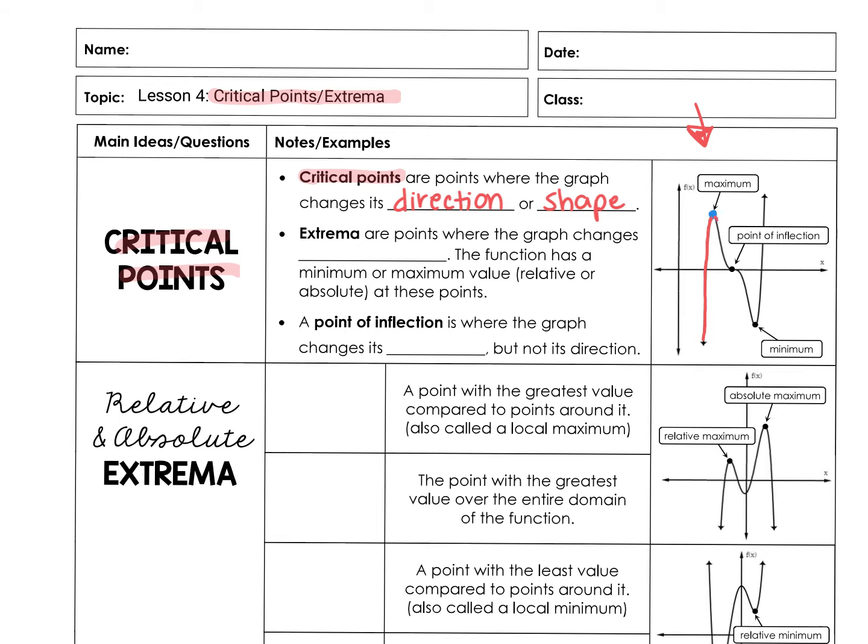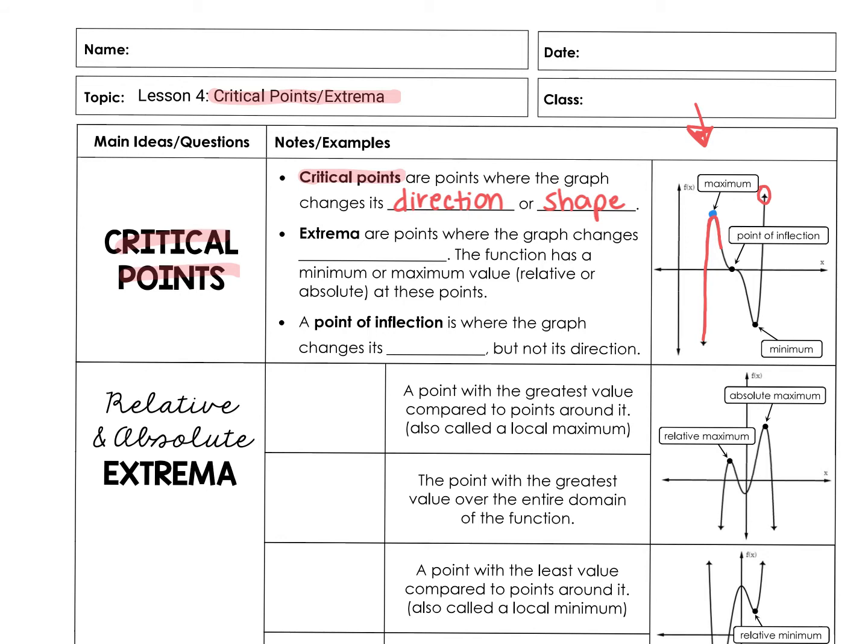Instead of going up, it starts going down. Because this point is a high point in the graph, though not the highest point, because the graph does go up forever eventually, it is considered a maximum.